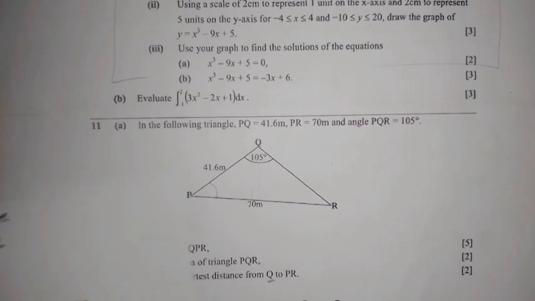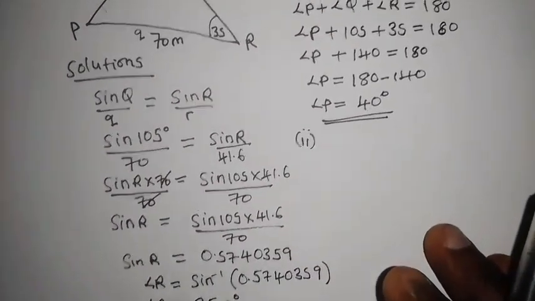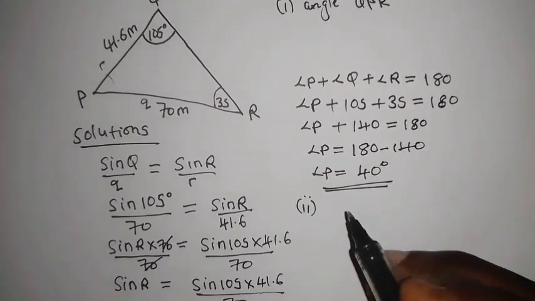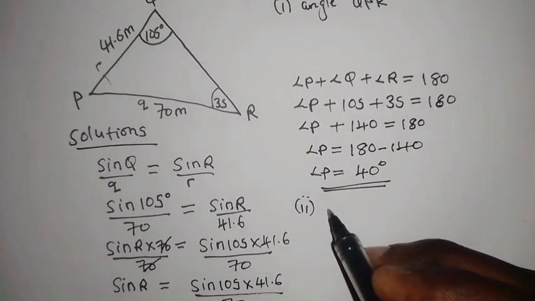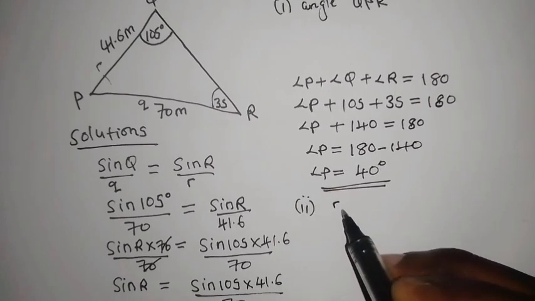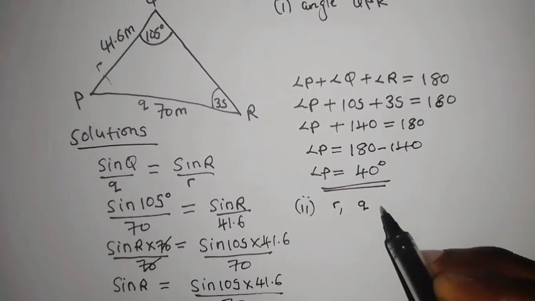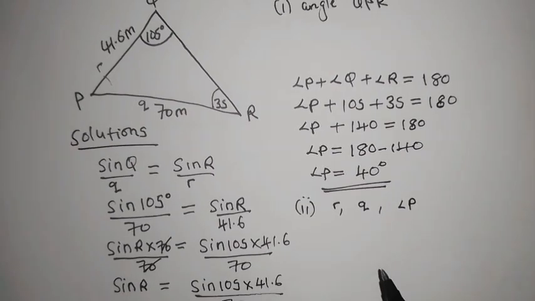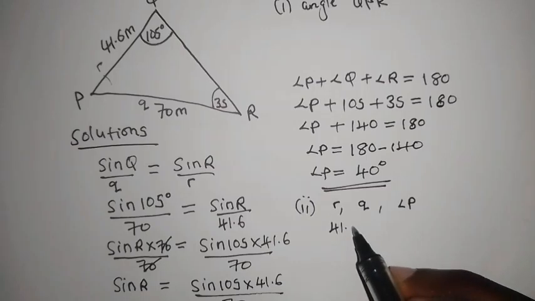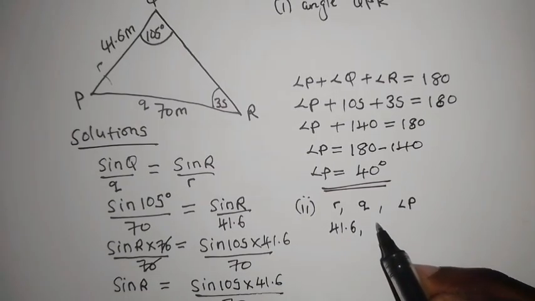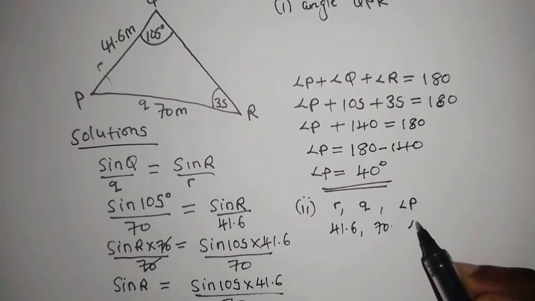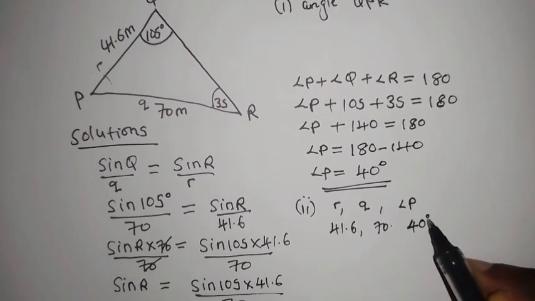So therefore, in that case, we are going to say finding the area now is area. We are going to use the sides R and Q, and then angle P. So we know that the side R is 41.6, and for Q it is 70, and this angle P is 40 degrees.